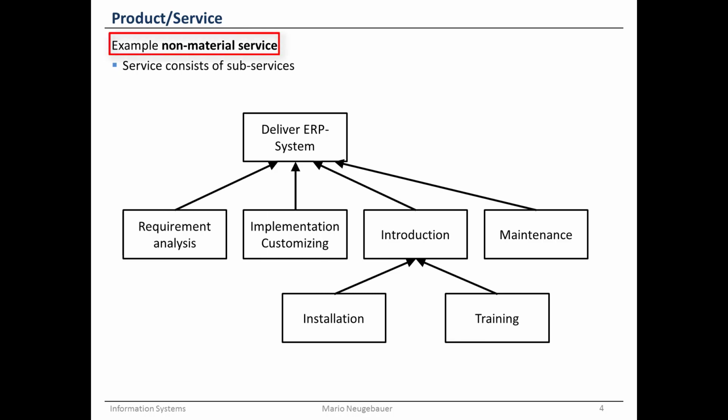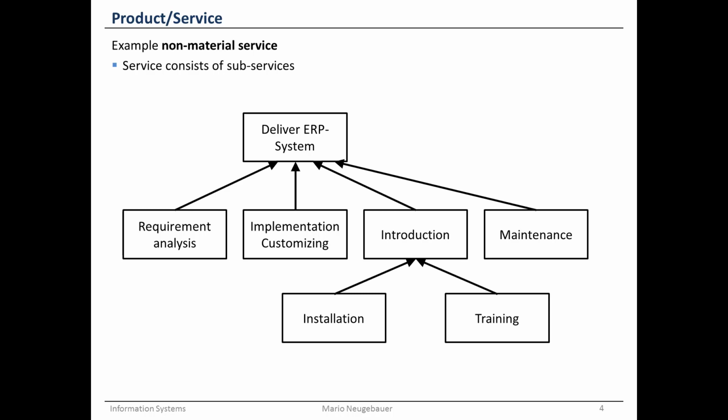Then you could have a non-material service, for example, if you are a software company and you deliver a software system for enterprises. Let's say you deliver an ERP system. Then it's not just handing over the CD with the installable software.